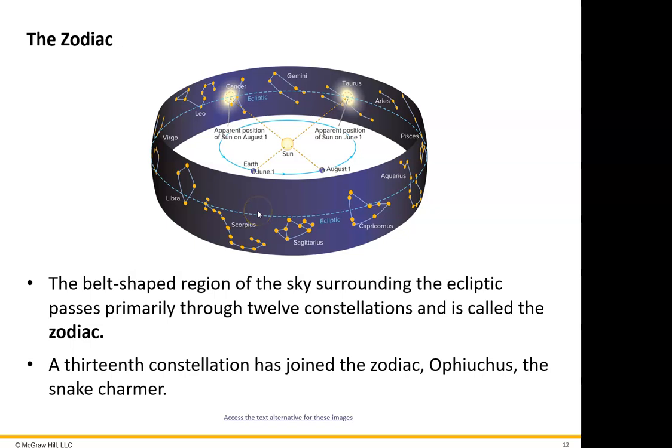The ecliptic is not in Ophiuchus for as much time as it is in the traditional 12 constellations of the zodiac, but it does pass through Ophiuchus right around here, for roughly a week or so. So there are actually 13 constellations the ecliptic passes through, not 12. I have to remember that Ophiuchus is the snake charmer.